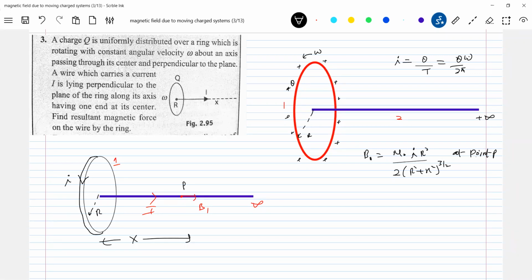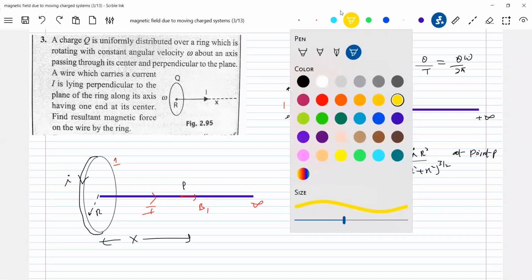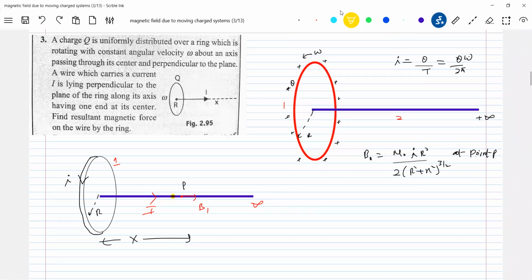After getting this, you take a small elemental length, a small element. Let the length of that element be dx. What is dl bar and B bar? How are they?